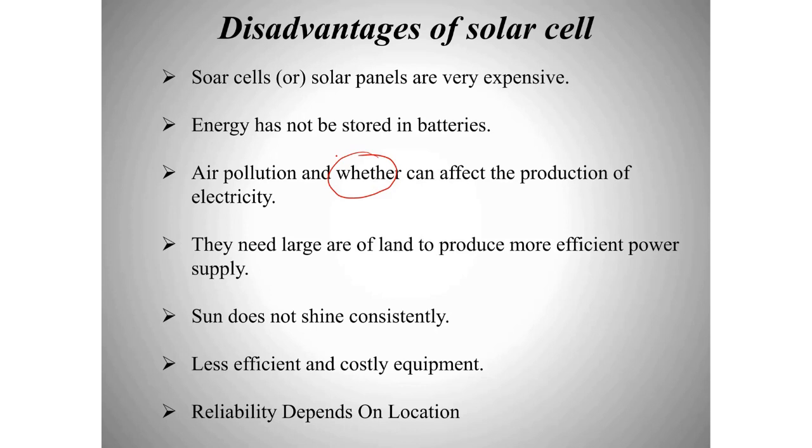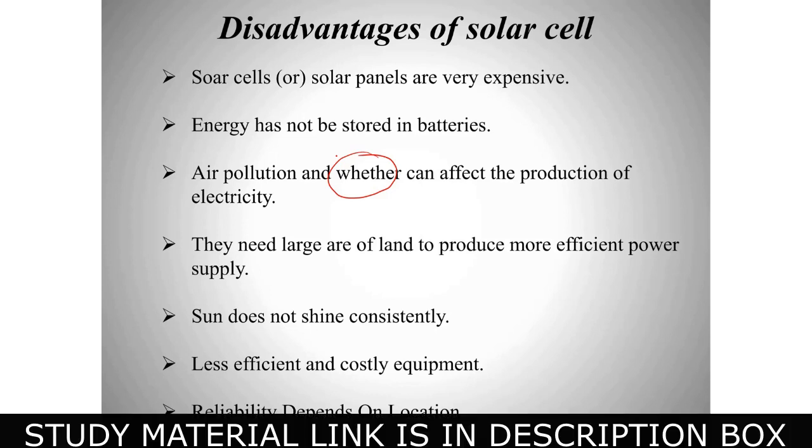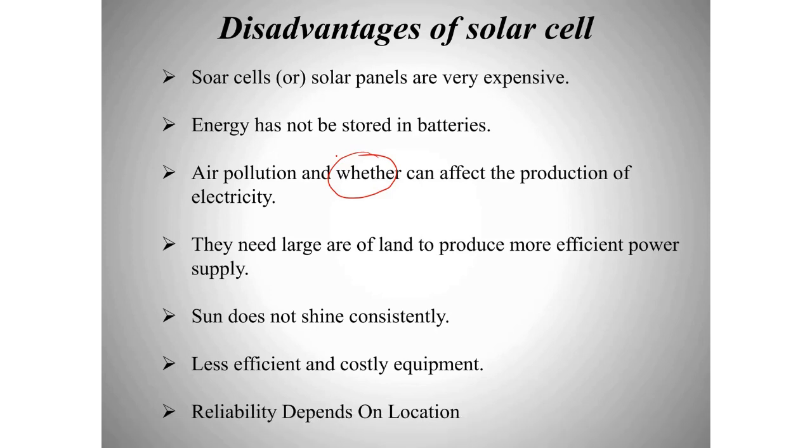This is because it is only dependent upon the light energy of the light particle, so sunlight is mandatory. When there is any kind of air pollution, or if the weather is not that friendly, for example in a rainy season, it can affect the production of electricity.